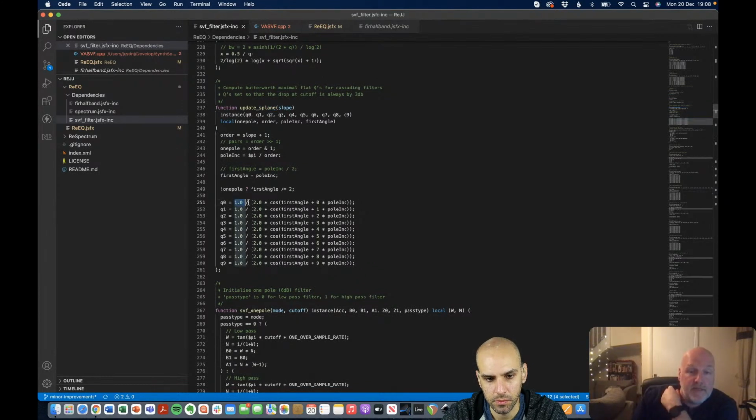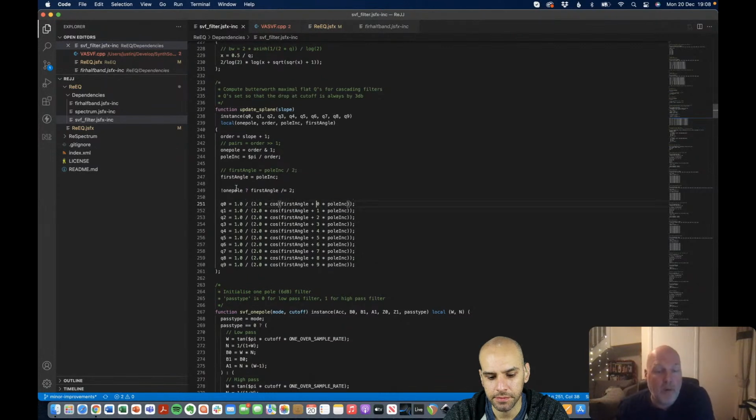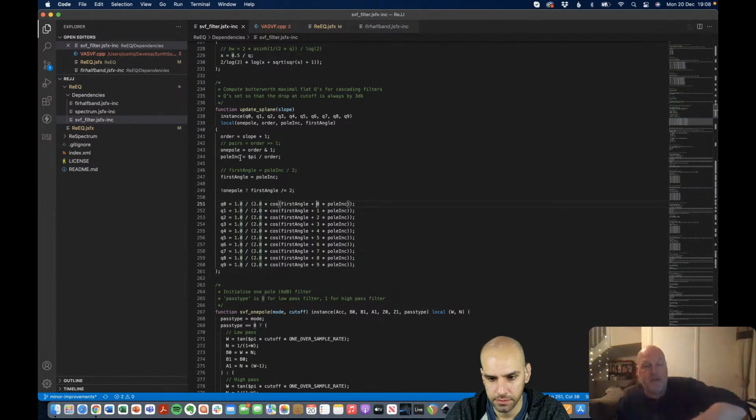That's how you extract the Q value from that particular position. It's working out the pole increment, which is how much it rotates each time, and then multiplying by the cosine of which one you're on, going down as you go around. And 1 over that, or 2 times that, is essentially your Q value. That's how it falls out.